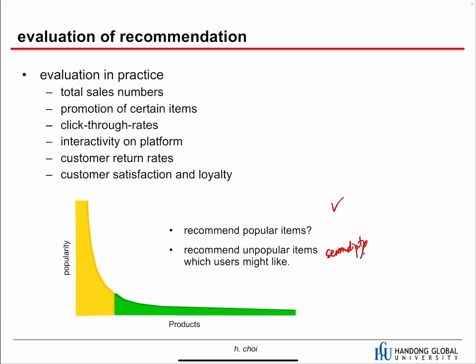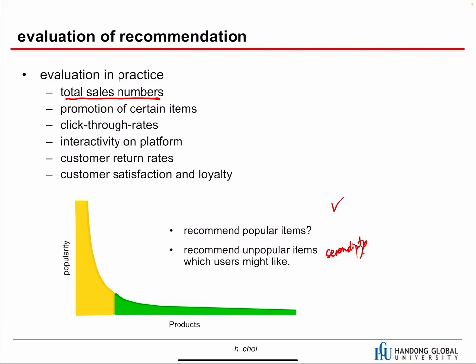Another issue is that when we evaluate recommendation systems, actually we have to check total sales numbers. That is the best evaluation. When we evaluate a recommendation system based on the MSE or whatever, even if the numbers look really good, if it is not working in practice, then it doesn't matter, right?